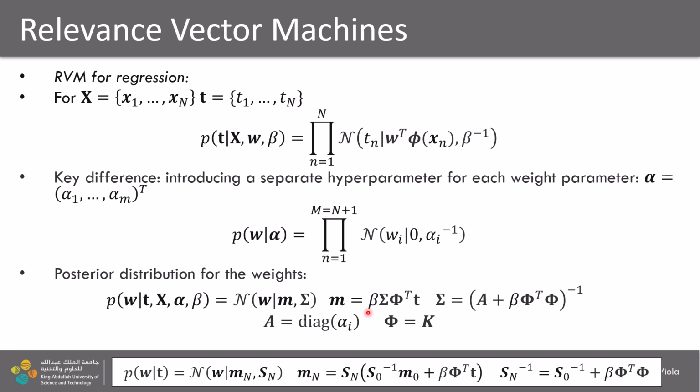So we now know how we can calculate the posterior for the weights, which will be useful for our further treatment, and also for expressing our Bayesian formulation, which is the nature of the relevance vector machines.